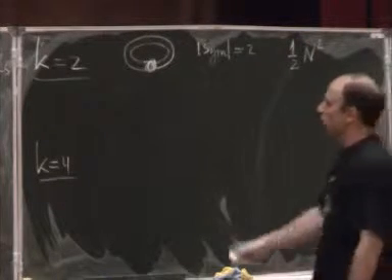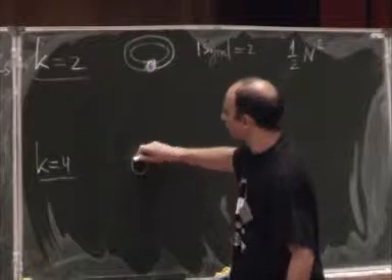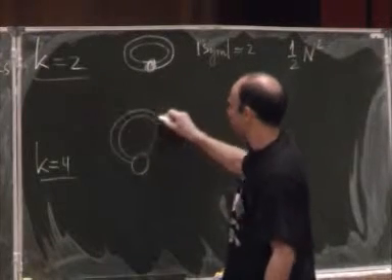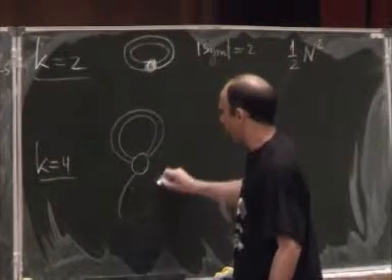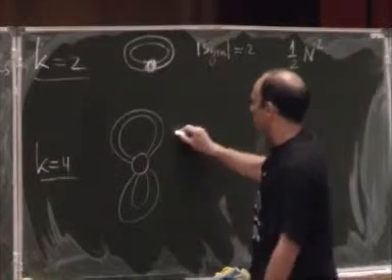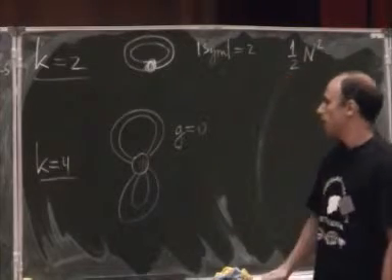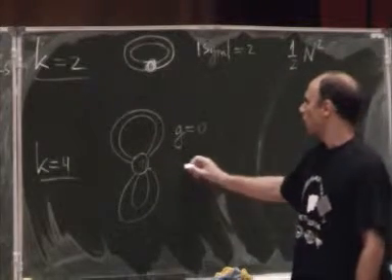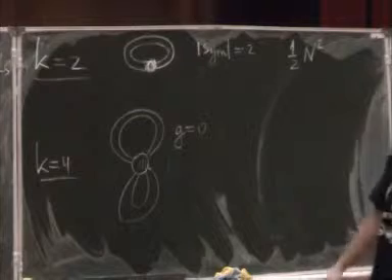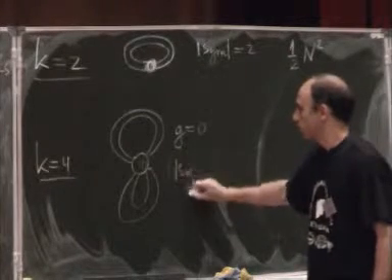And for k equals 4 you have 2 kinds of graphs. One graph like that, genus 0, and symmetry order 2.